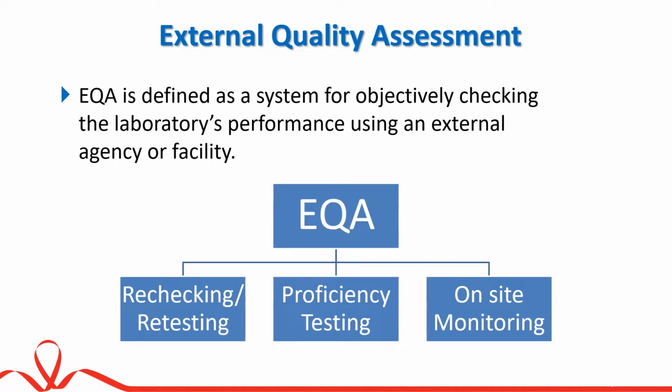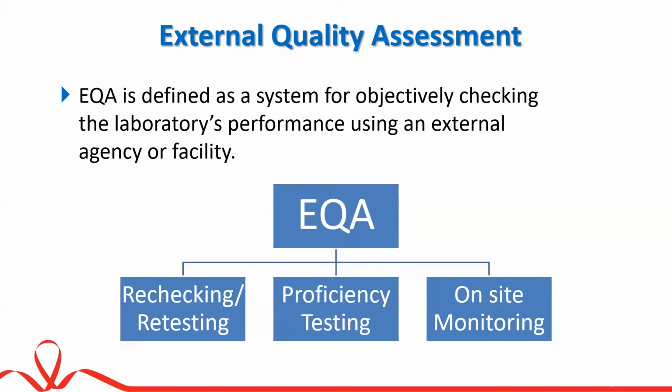The second arm is proficiency testing. In this arm, the panel samples are prepared by the higher tier laboratory. For example, a state reference laboratory will prepare a 4-member panel, coded with a panel code. These panels are dispatched to the ICTC, the lower tier laboratory, but not the results.